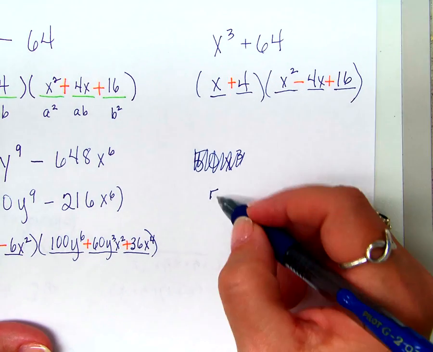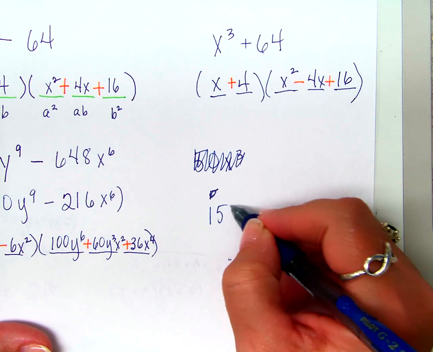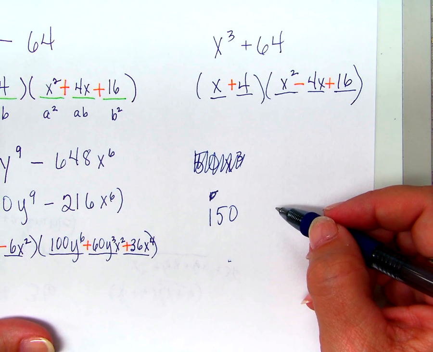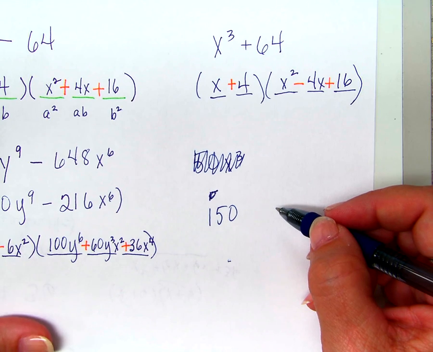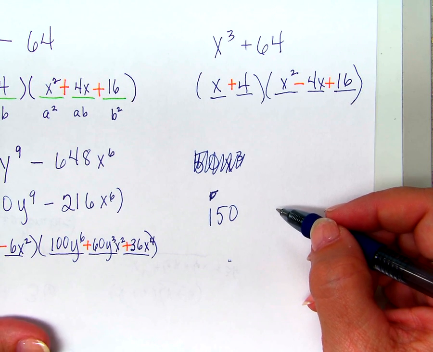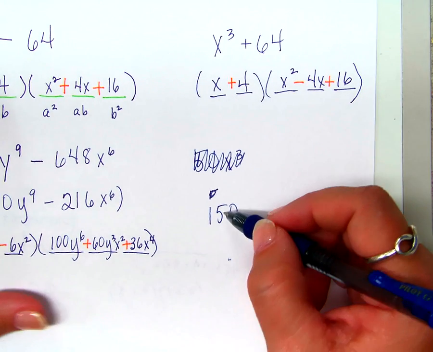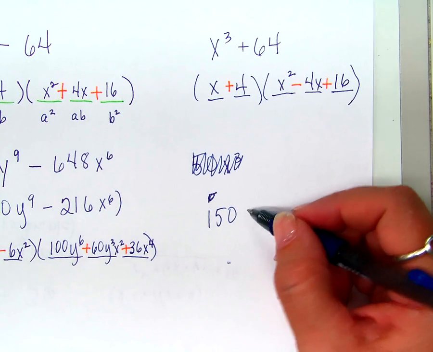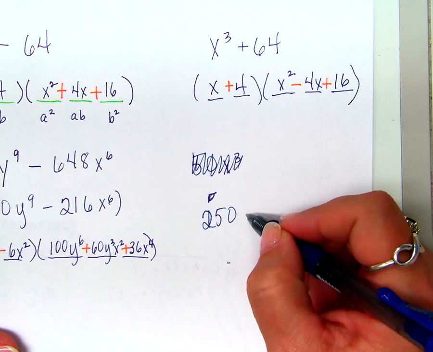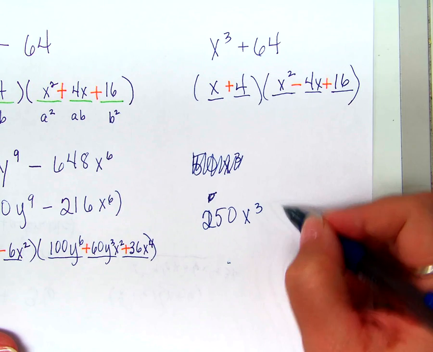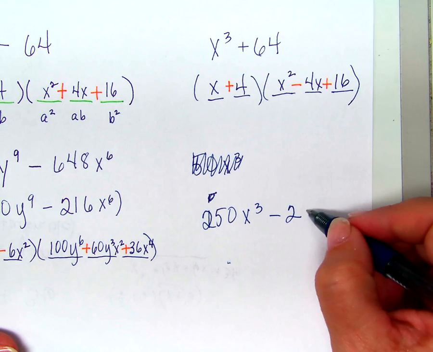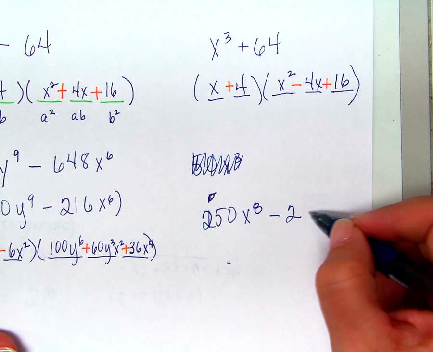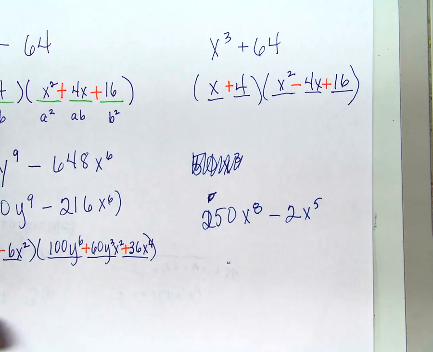I'm very tired. Let's do this. I think this one will work. Is that going to work? 125. This one will work. Except I want that to be 8, and I want that to be 5.